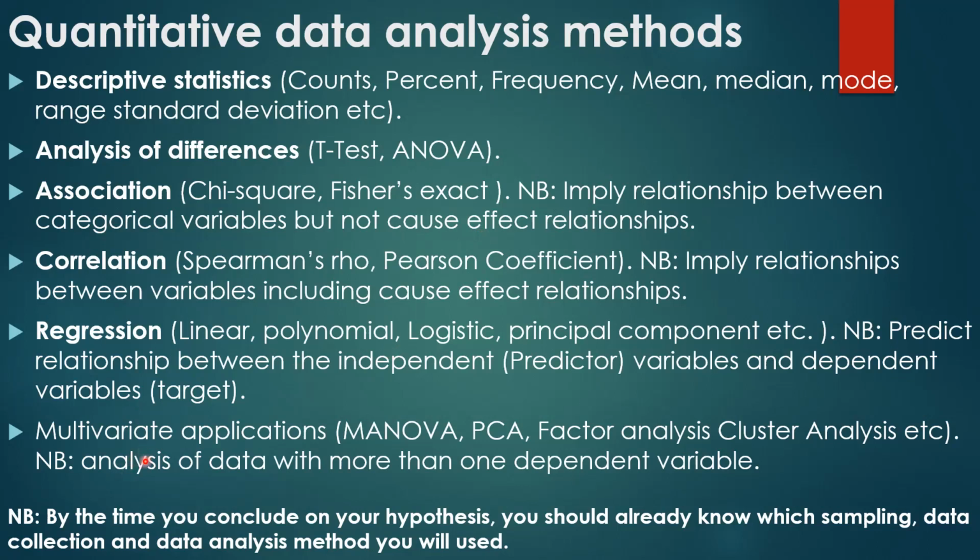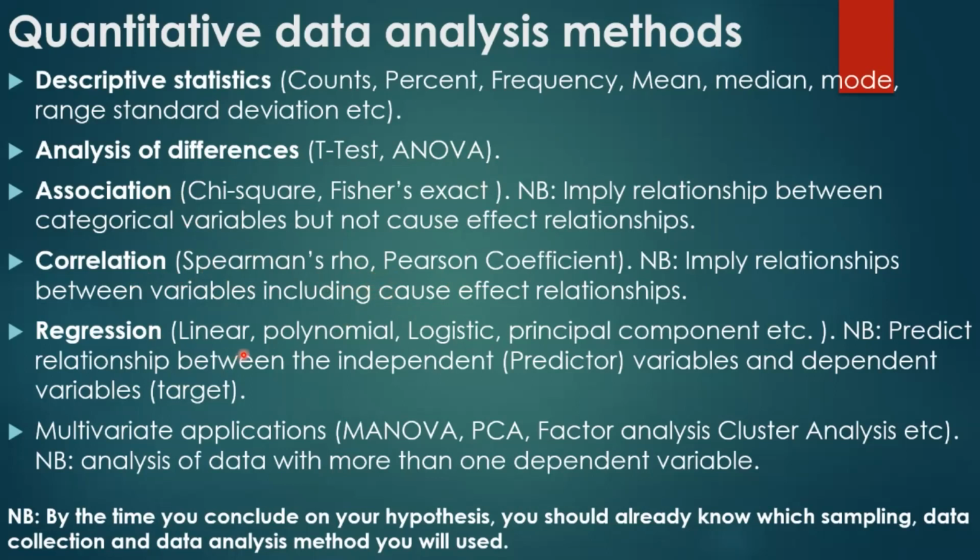Then some advanced ones are the multivariate applications. Most of the ones that I've mentioned can take up to one or two independent variables. Like analysis of variance, we have two-way ANOVA, which can take two independent variables. Otherwise, most of them, like chi-square and correlation, you treat one independent variable at a time.